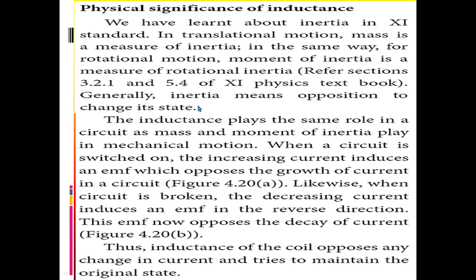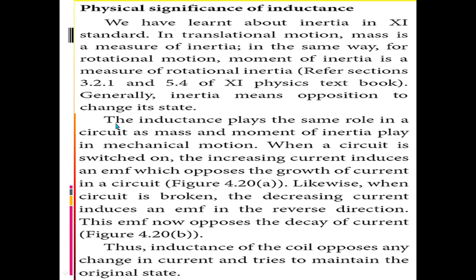Generally, inertia means opposition to change its state, because inertia simply says an object at rest tries to oppose the change in state. That is why inertia means opposition to change its state.